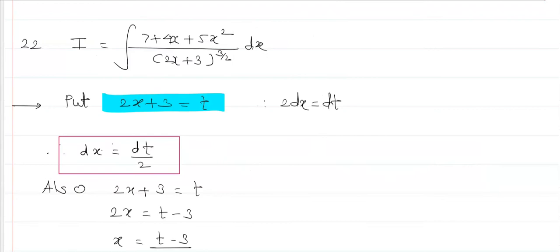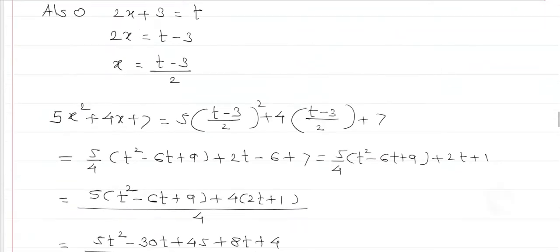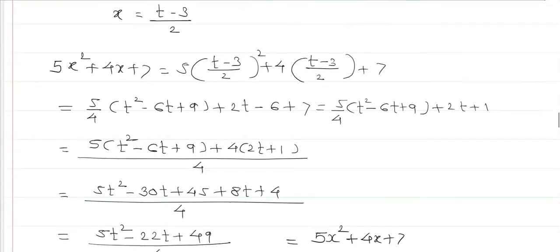Now you can take the screenshot of this also, up to this step. X is equal to t minus 3 upon 2. Next is up to this: 5t square minus 30t plus 45 plus 8t plus 4 upon 4.